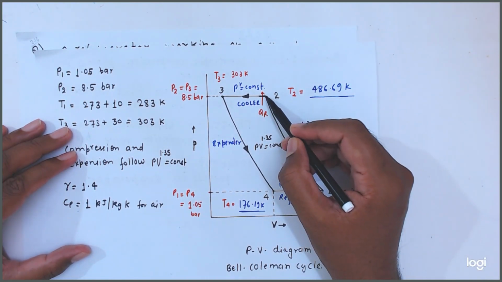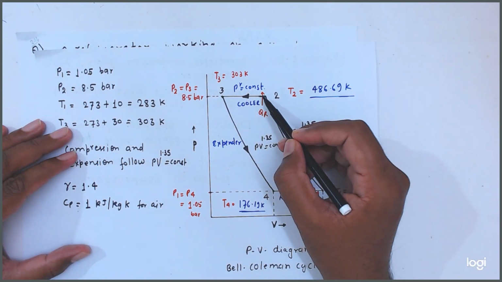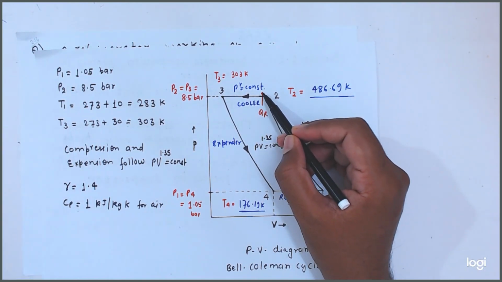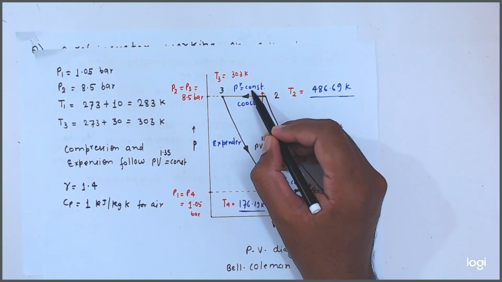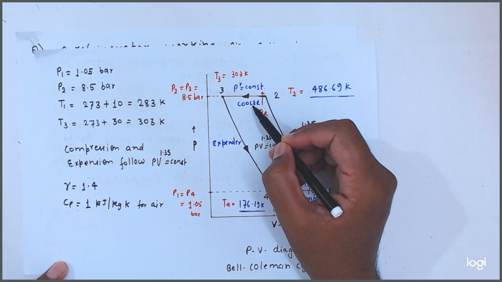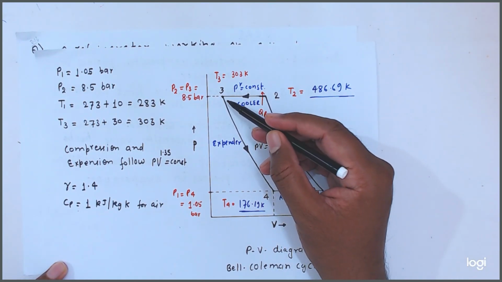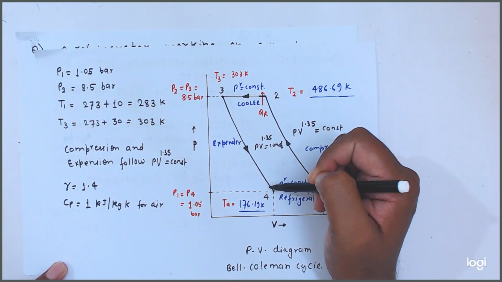Then it will pass through the cooler, where heat rejection will take place at constant pressure. Getting, friends? So process 2 to 3 is the process in the cooler. Then it will pass through the expander or expansion cylinder.